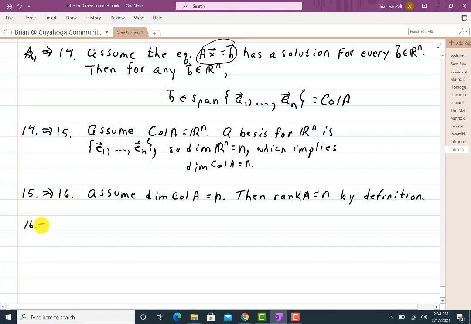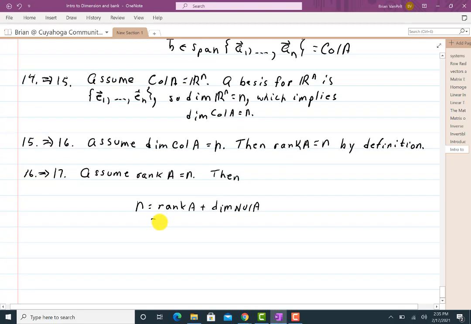Now move on, 16 to 17. Assume rank A equals n. Then we have n columns, so n equals the rank of A plus the dimension of Null A. But we know that the rank of A is n, so that must mean that the dimension of Null A equals 0.